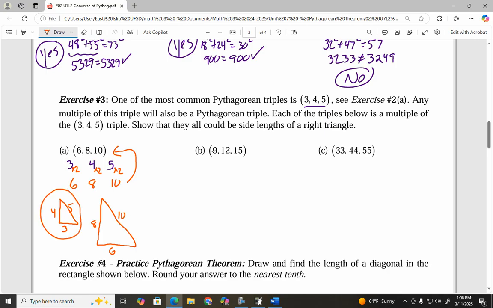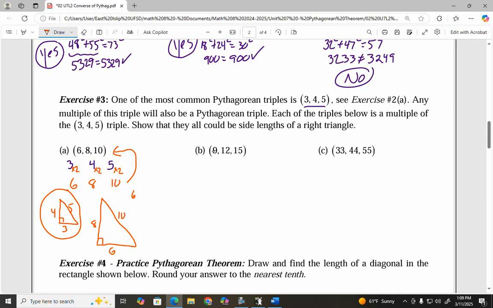If this is a right triangle, then its dilation must also be a right triangle, because dilations make similar figures. Similar figures mean same shape, just a different size. So the shape is the right triangle. The size is the lengths of the sides got bigger. And we can prove it.